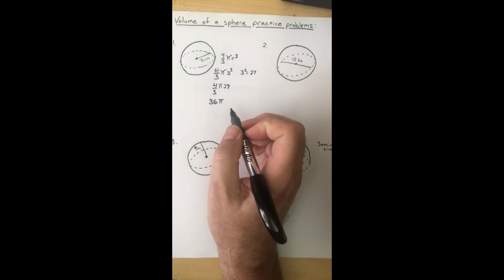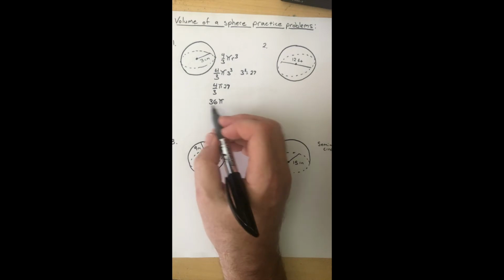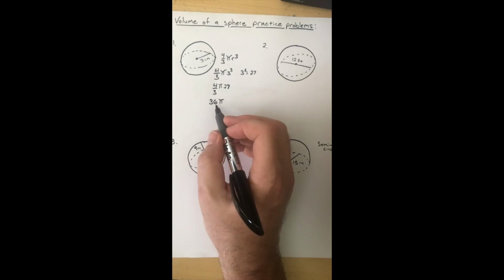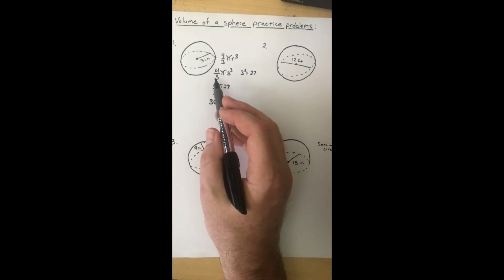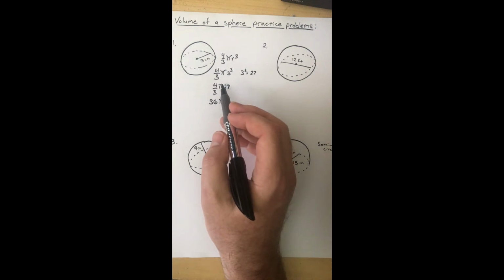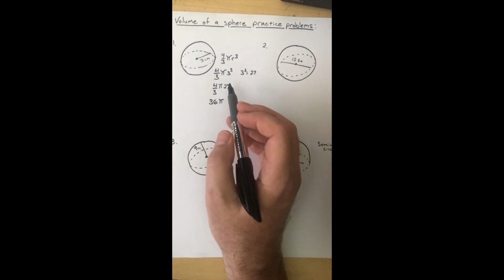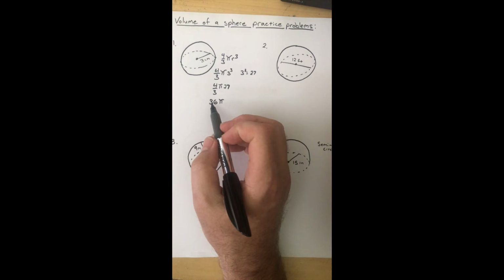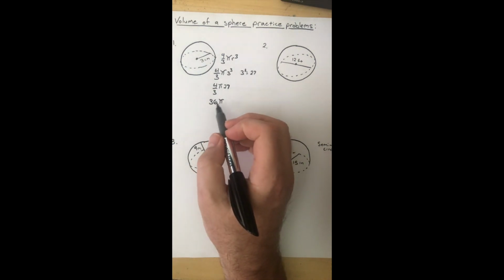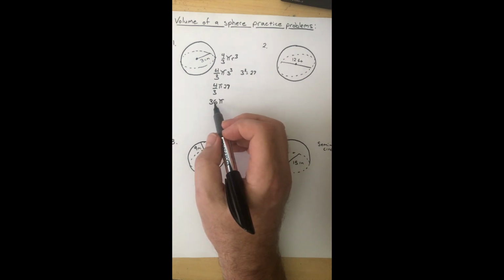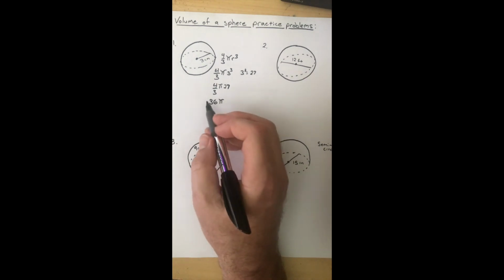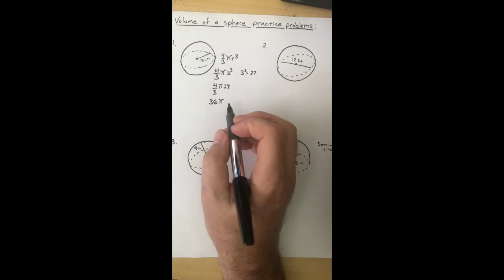Now, one of the reasons why I like to work it out by hand before I multiply by pi is, as I said on the second example, it's really hard to know if you're right unless you do this math first. So now I know I'm multiplying 36 basically by 3.14. Basically, 3 times 36 is 90 plus 18, so 108. So this should be somewhere around 115, something like that.